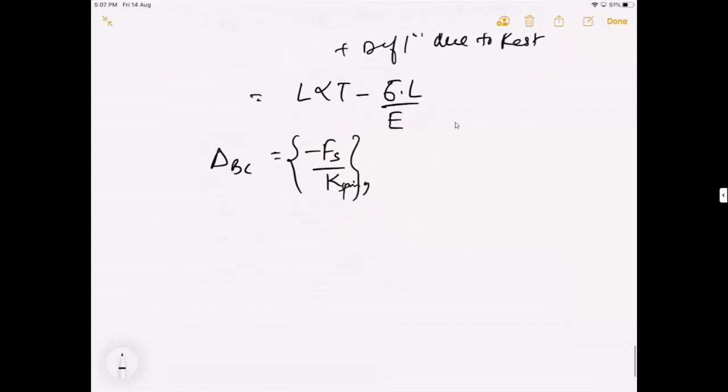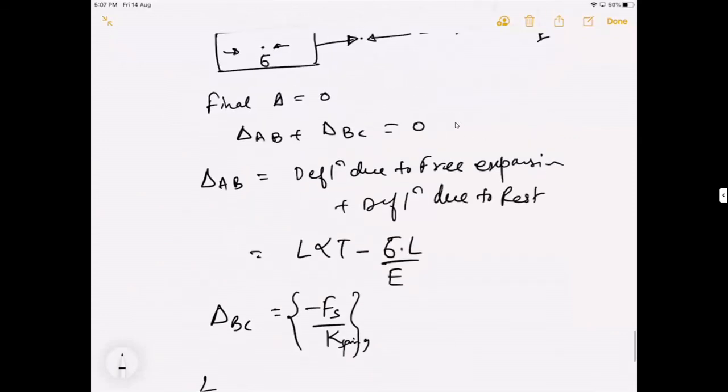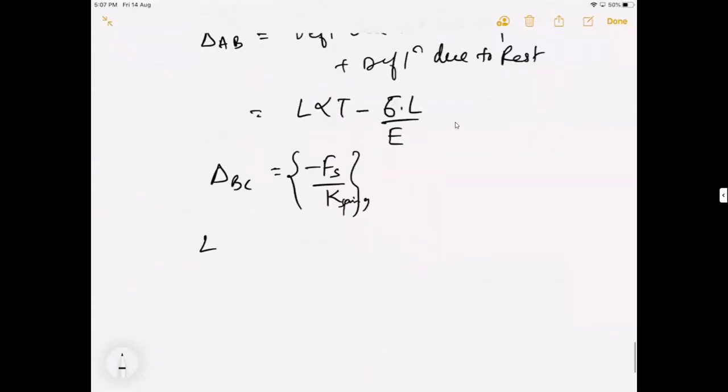Here Fs is the spring force, which is compression in nature, and K is the stiffness of the spring. Now we will put delta AB and delta BC in equation 1. So that will be L alpha T minus sigma into L upon E minus Fs upon K spring, which is equal to 0.